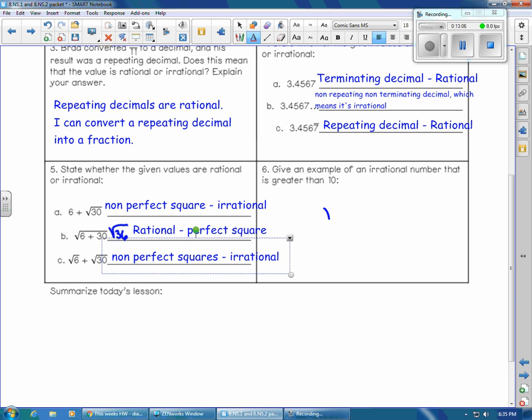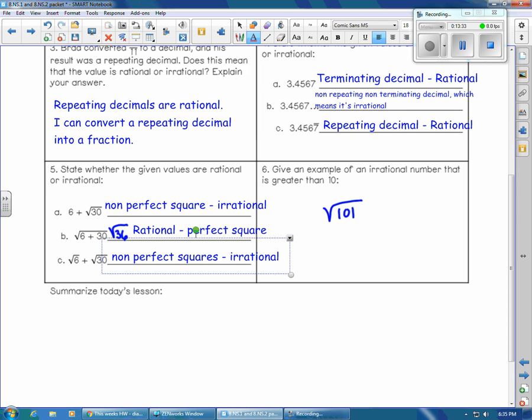So the square root of any number that is greater than 100 would give me a value that is greater than 10, but it would be irrational as long as what I'm putting under the radical sign is not a perfect square. So I'm going to say 101. Is that the only possible answer? No, of course not. It could be any number under that radical that's greater than 100 and not a perfect square.